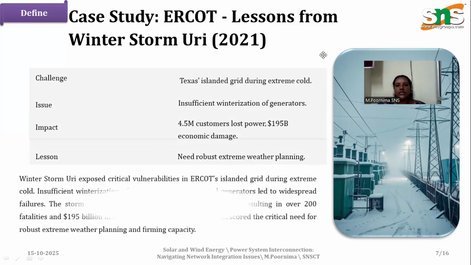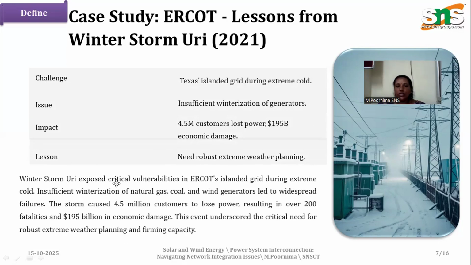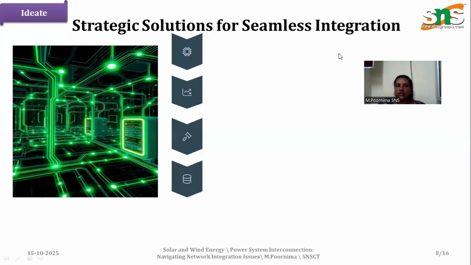Winter Storm Uri exposed critical vulnerability in ERCOT's islanded grid during extreme cold, as insufficient winterization of natural gas, coal, and wind generation led to failures. These are the main case studies.